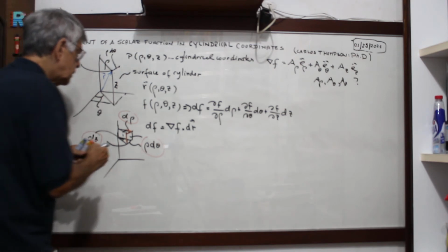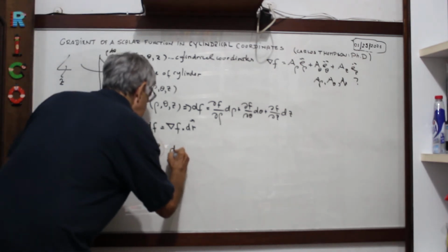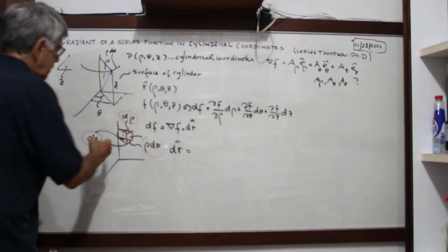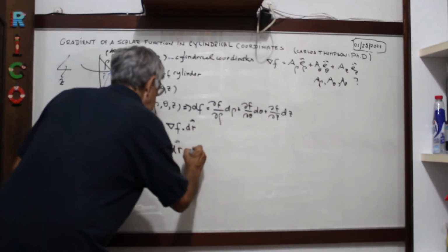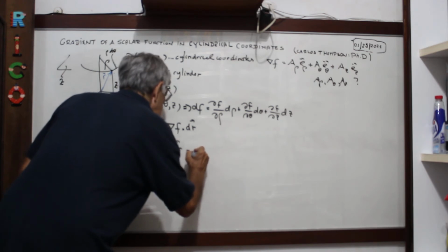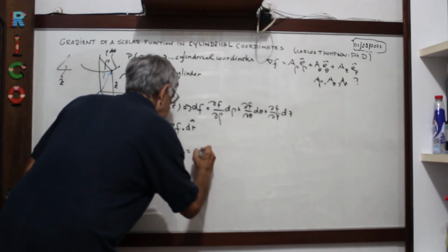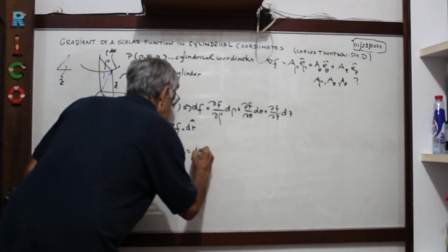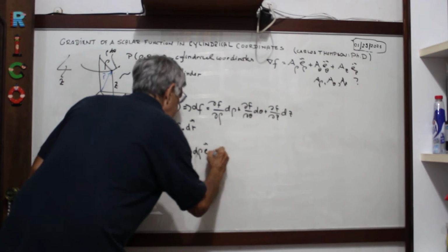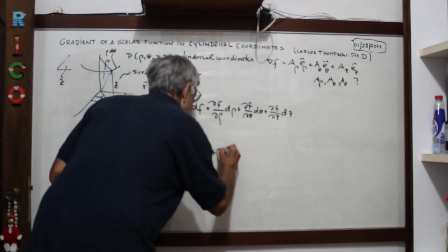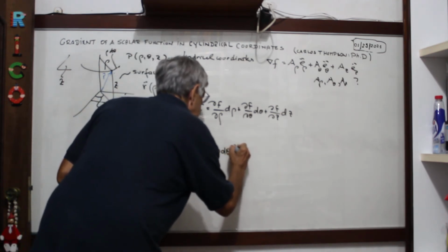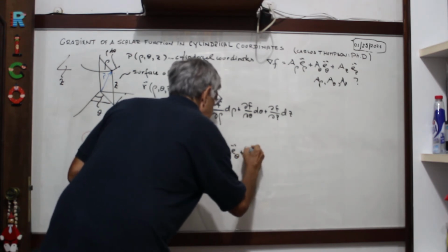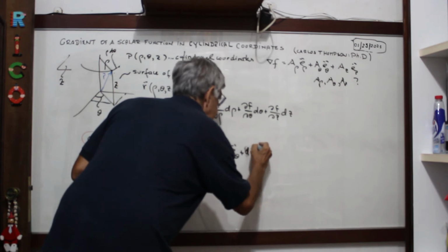So I can write dr is equal to d rho e rho plus rho d theta e theta plus dz e z. It's three lengths.